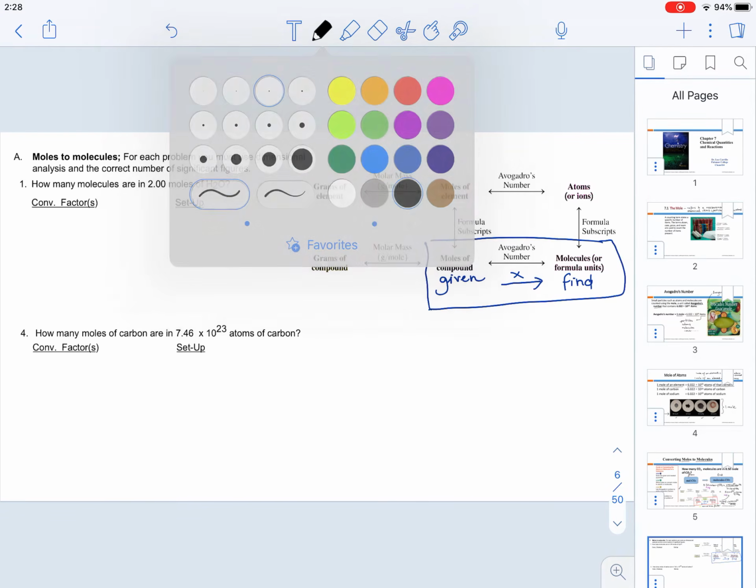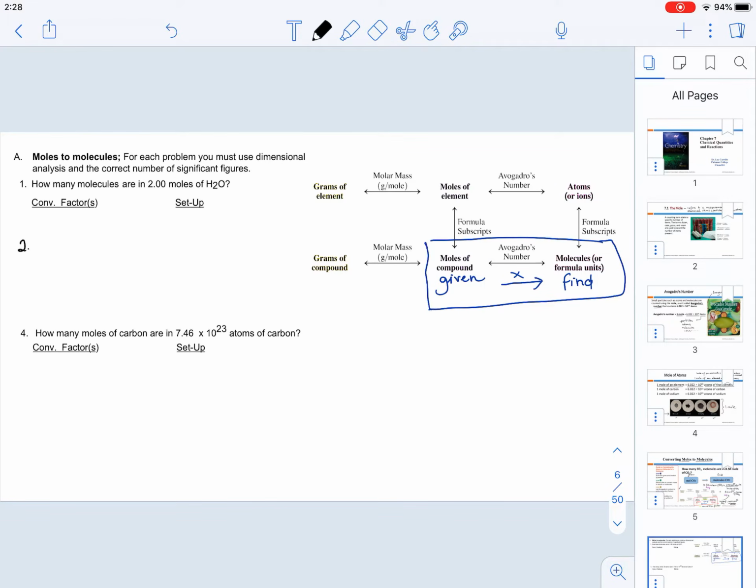When I set up the problem, I put in 2.00 moles of H2O. I know that I'm going to multiply by Avogadro, so on top I write 6.022 times 10 to the 23rd molecules of water, and on the bottom, 1 mole of water.